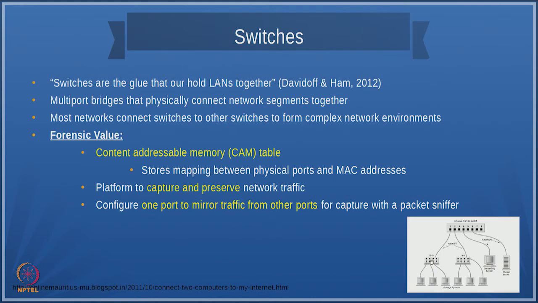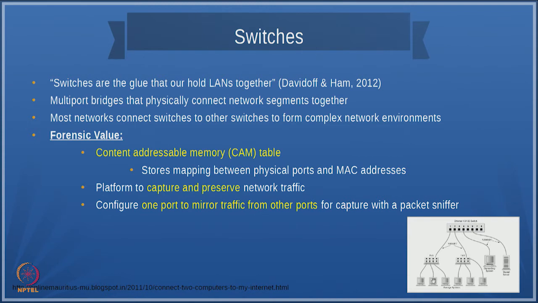So, switches can be grouped in a hierarchical fashion and then data can be routed from one place to the other. The forensic value that switches provide is, one, the content addressable memory, which tells you in which segment of the network the device is available.